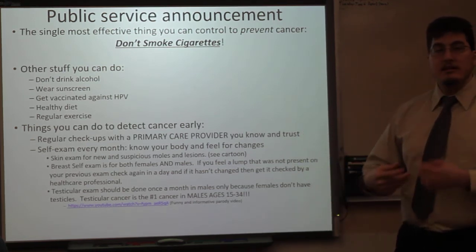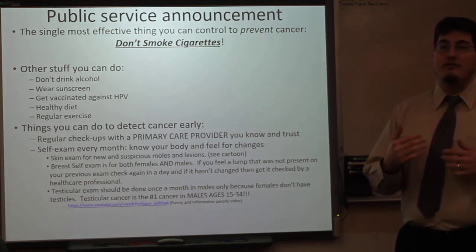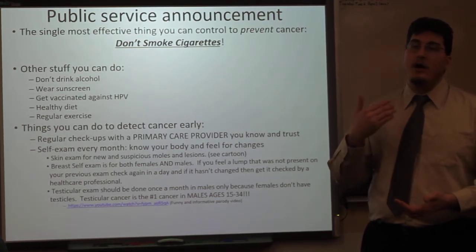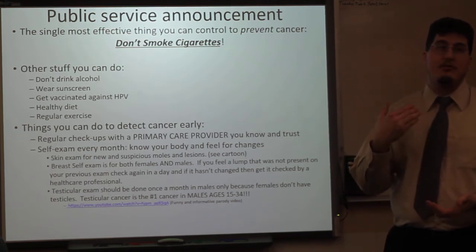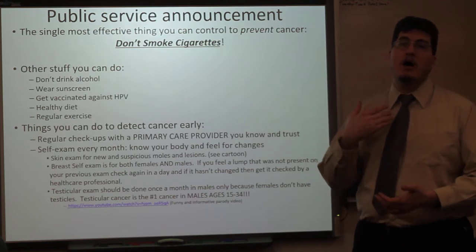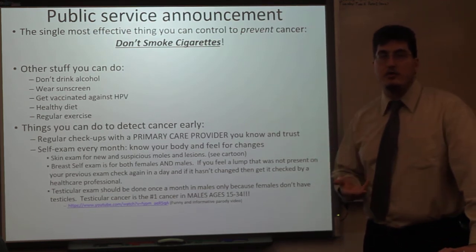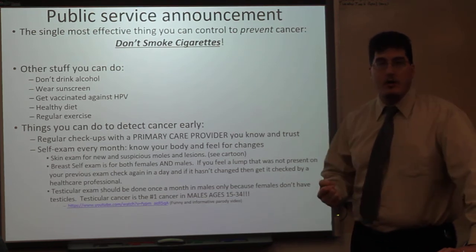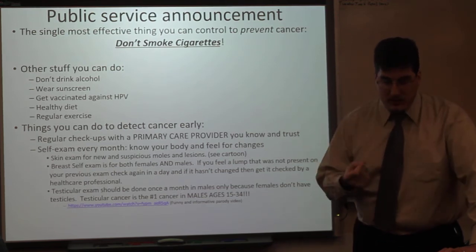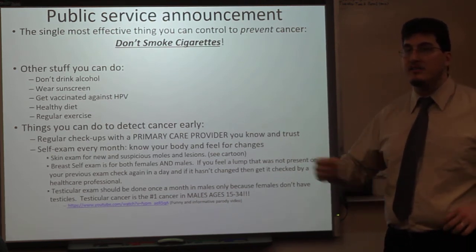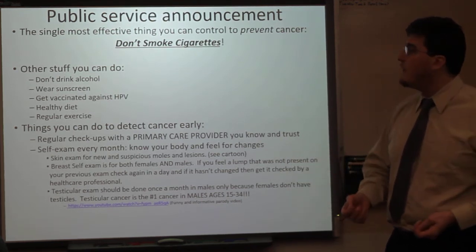So alcohol can lead to an increased risk of various different kinds of cancer, especially of the liver, of the stomach, of the esophagus, of the throat, of the gastrointestinal system, of the colon, especially those organs. So that is a big no-no. Like, drinking alcohol is a big risk factor for cancer of a lot of different organs.